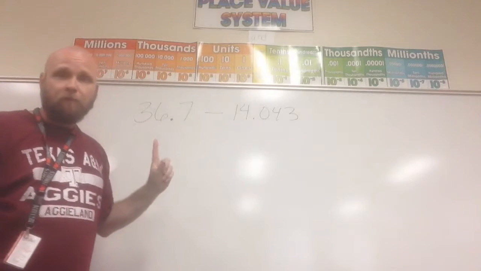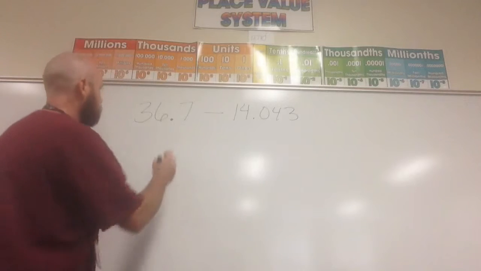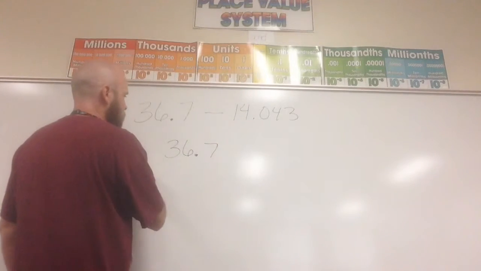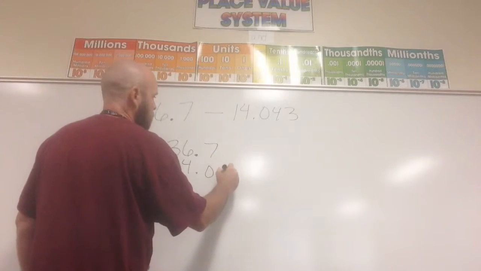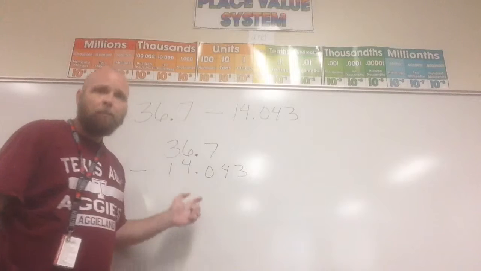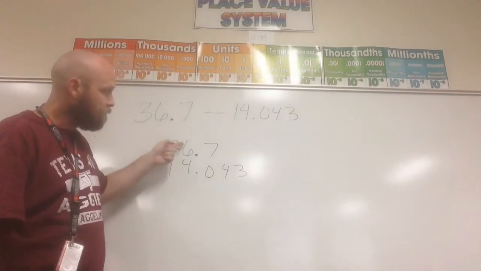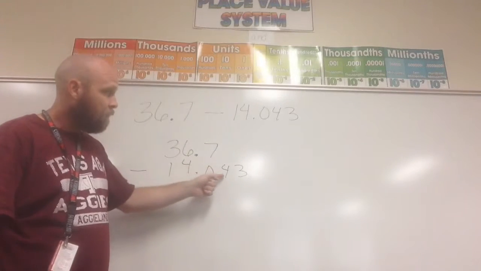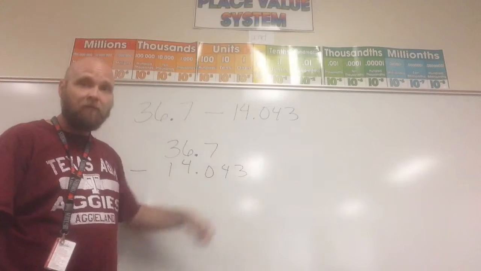If we remember, our first step was to write down the numbers lining up the decimals vertically. It's very important that we line up the place values. The tens over the tens, the ones over the ones, the tenths over the tenths. And then we have nothing over the hundredths and nothing over the thousandths.